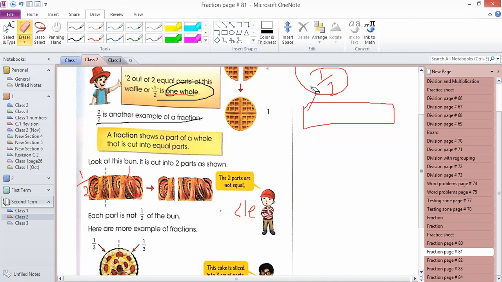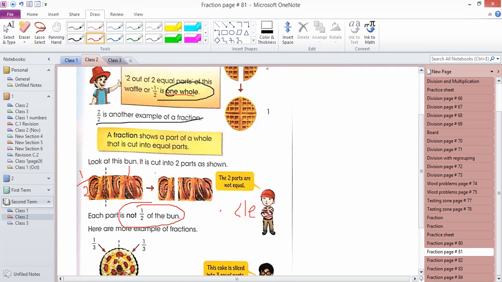If you divide it equally, then you can write this fraction. So the bun is not divided equally, so each part is not half of the bun. Is that clear, guys? Yes, sir.